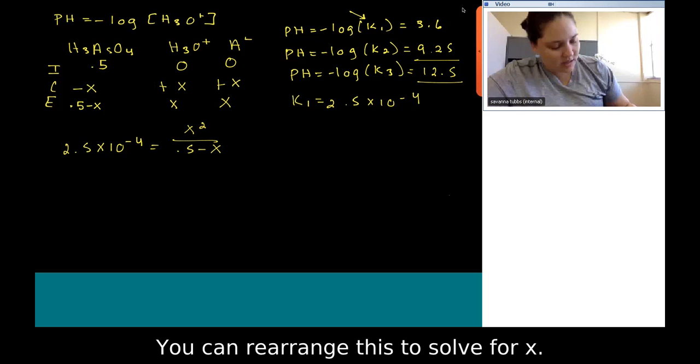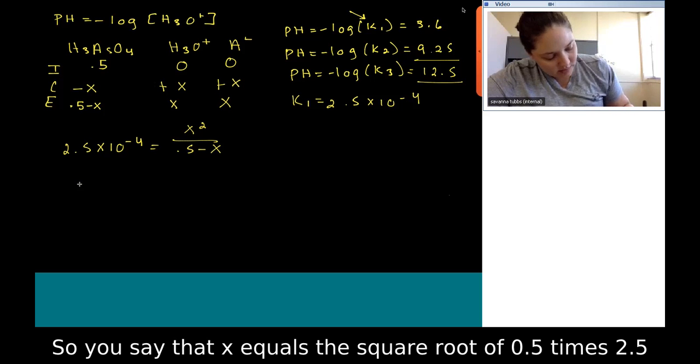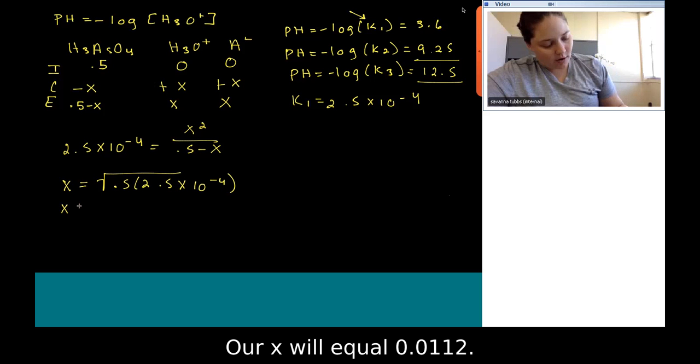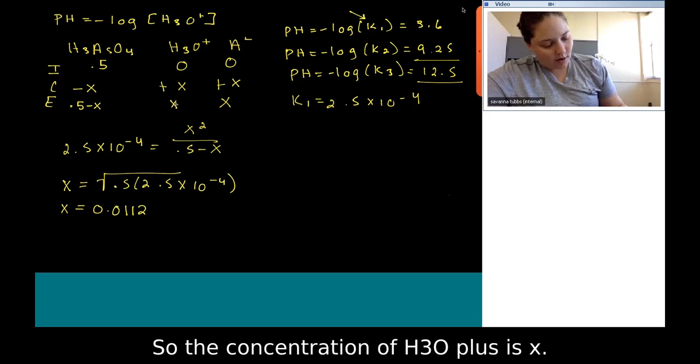You can rearrange this to solve for x. So x equals the square root of 0.5 times 2.5 times 10 to the negative 4. Our x will equal 0.0112. So the concentration of H3O plus is x.